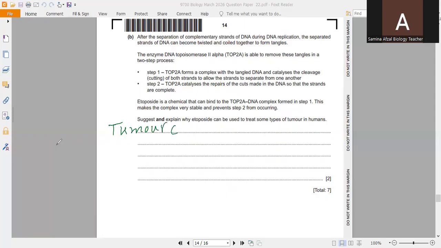Tumor cells undergo rapid, uncontrolled mitosis or cell division.